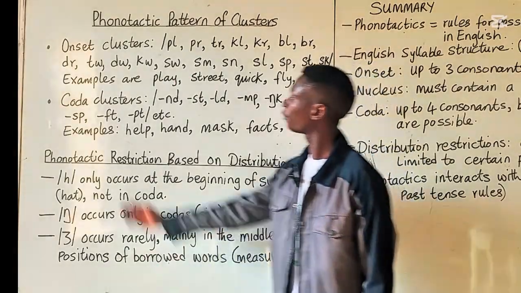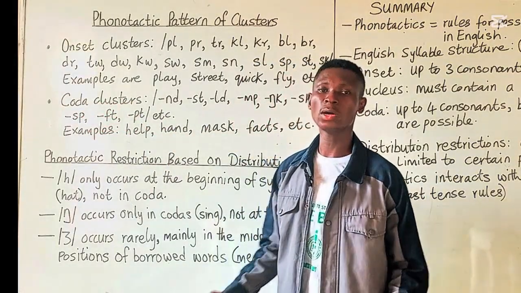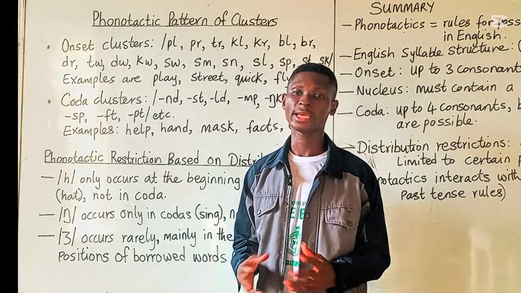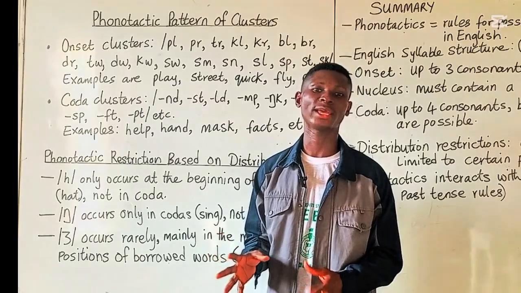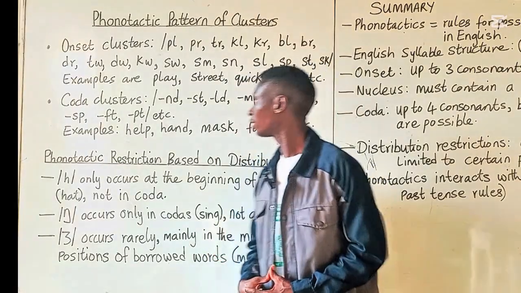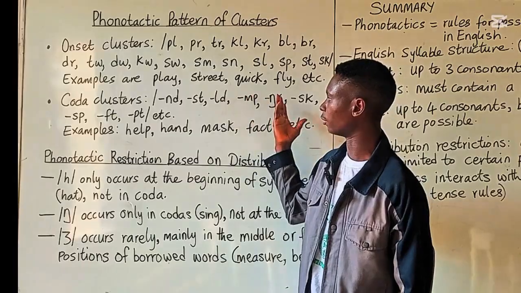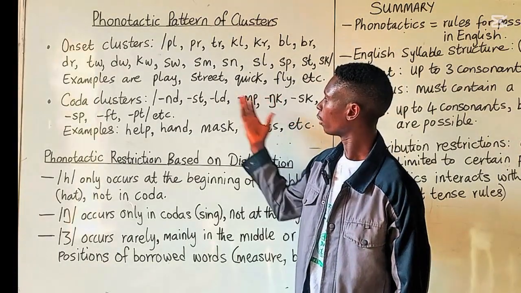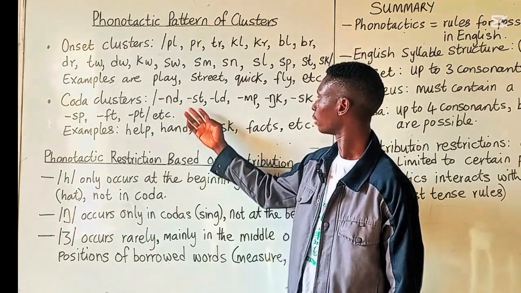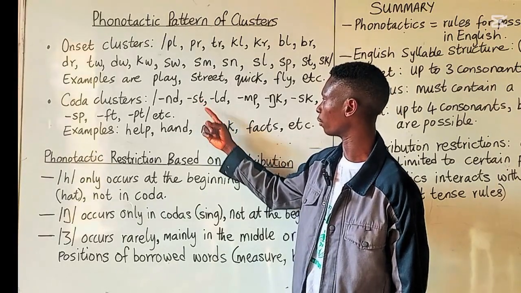We also have coda clusters. The coda is the arresting consonant sound. In other words, the consonant sounds we have at the end of a syllable. Hence, we can have all these possible combinations, like the nasal sound plus the plosive sound, the alveolar sound plus the plosive sound.